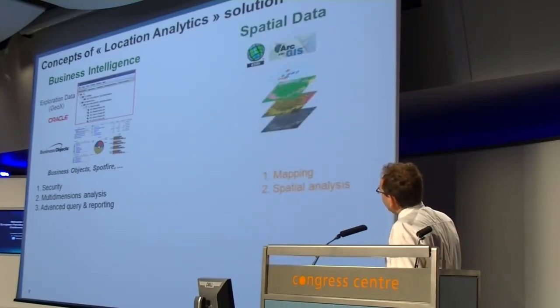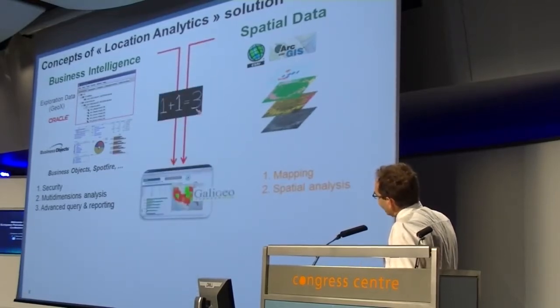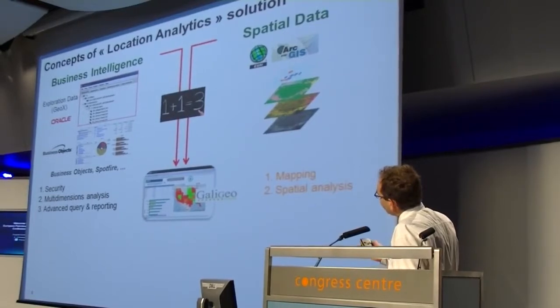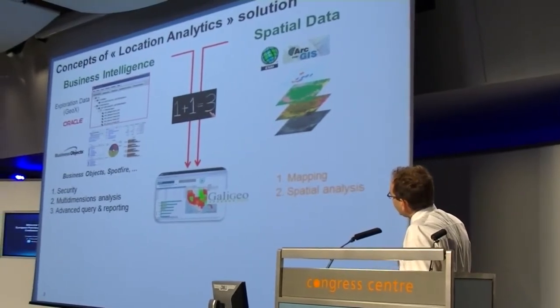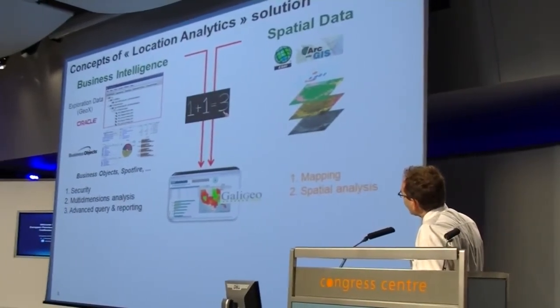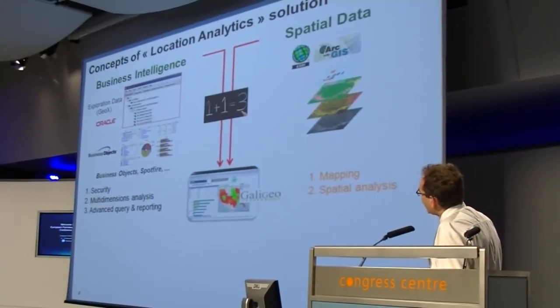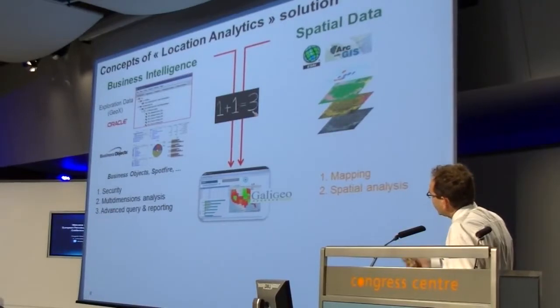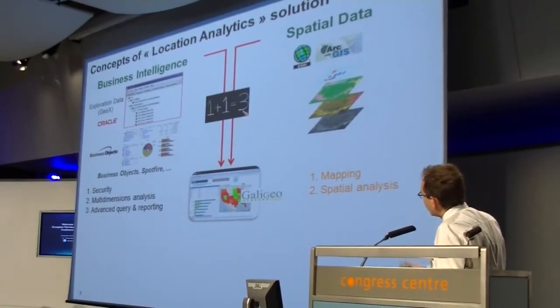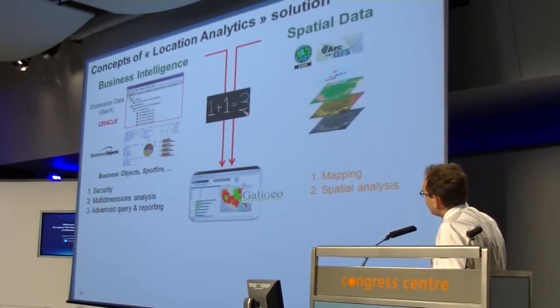Of course, what we want to add to these business intelligence capabilities is spatial data for mapping and spatial analysis. The component that we are using to make these two worlds communicate is a component created in the Business Objects solution, which is provided by Galigeo.